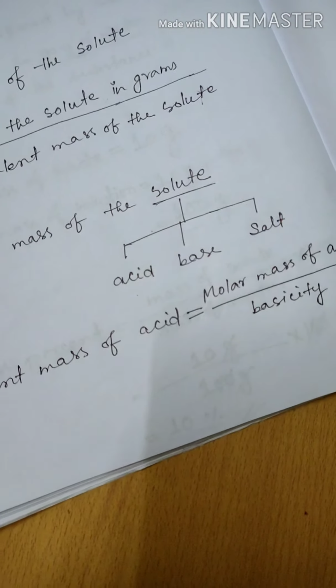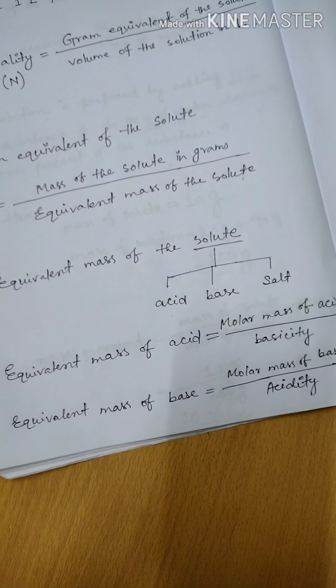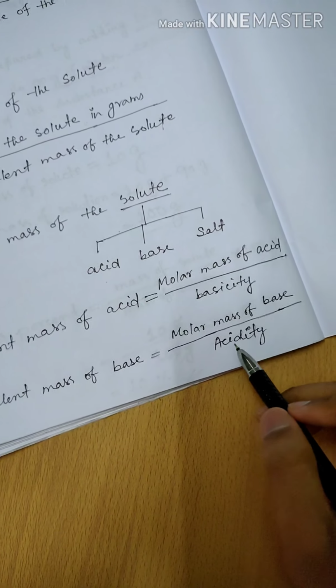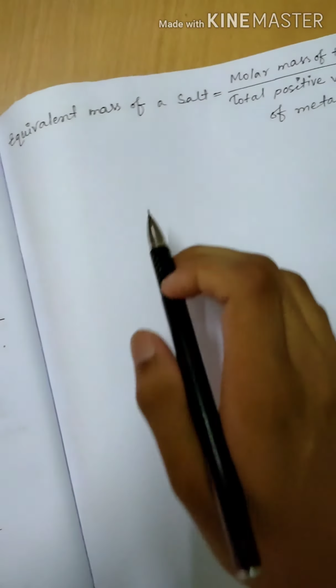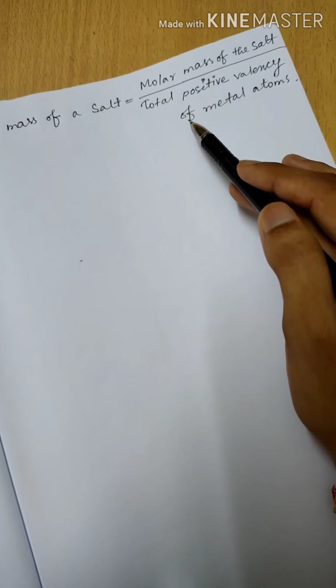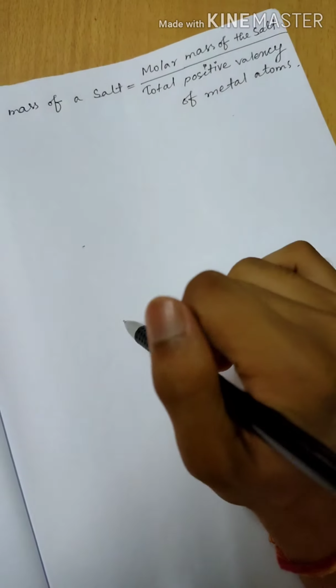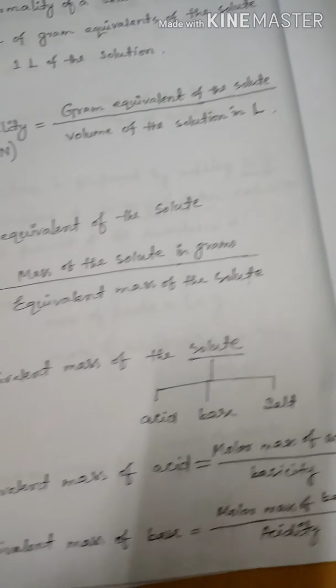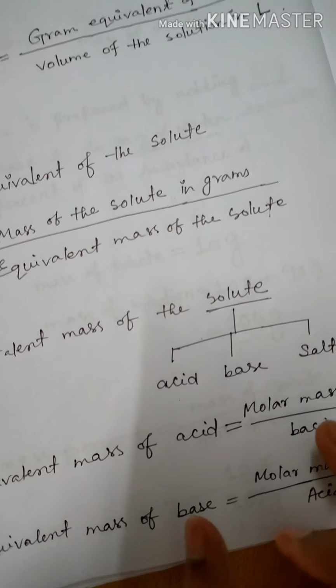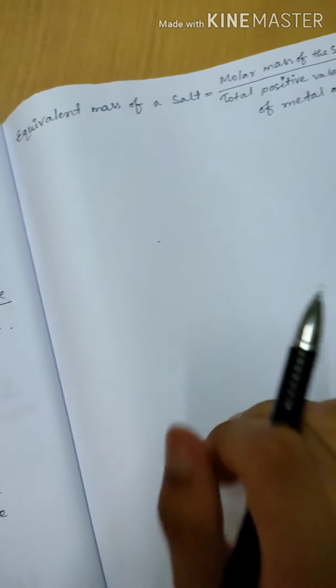Okay, so equivalent mass of base is molar mass of base divided by acidity, and equivalent mass of salt is molar mass of the salt divided by total positive valency of metal atoms. So these are the formulas for finding the equivalent mass of an acid, a base, or a salt.